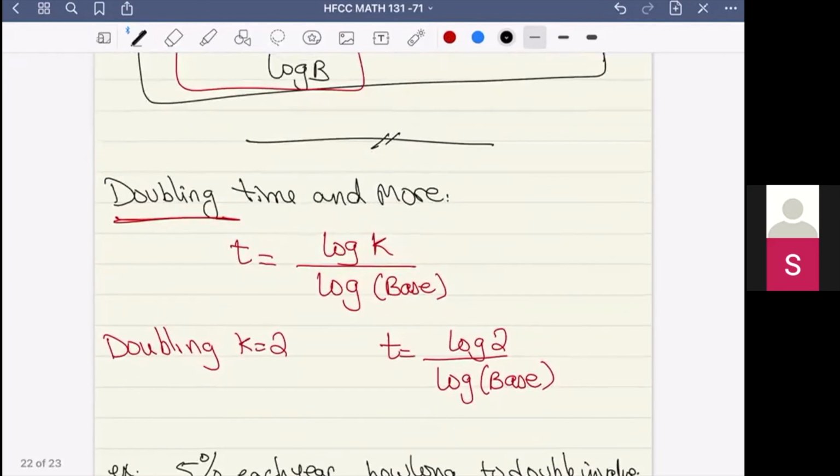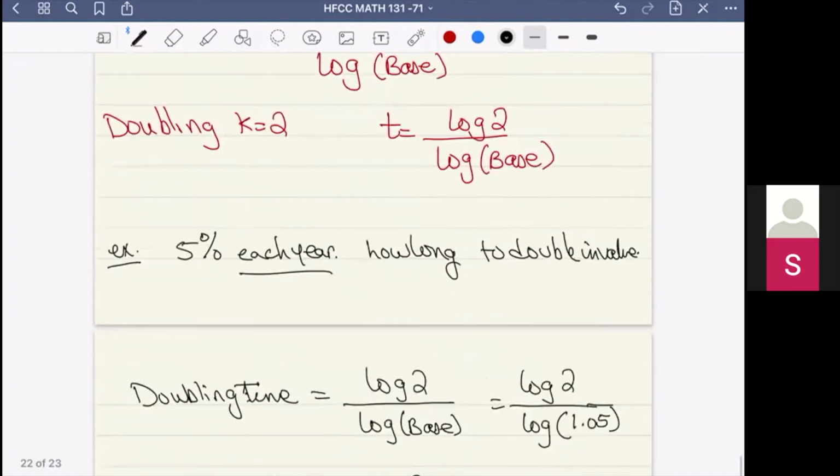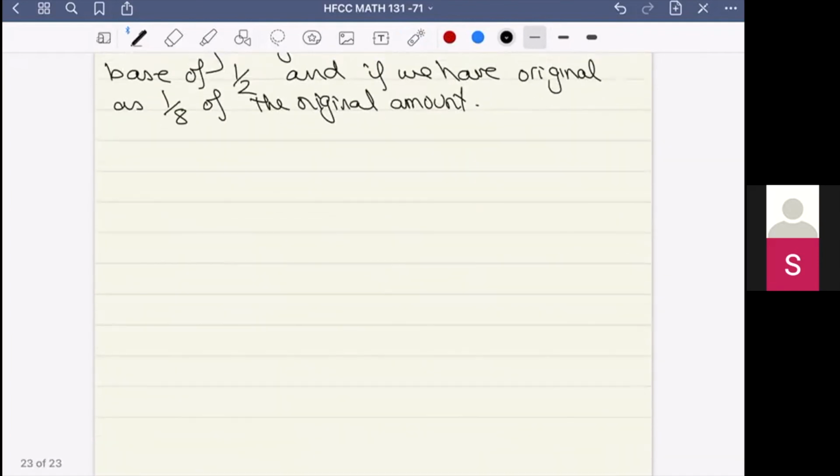This is the base formula that we always use in order to find time. So time would equal log of K over log of base.